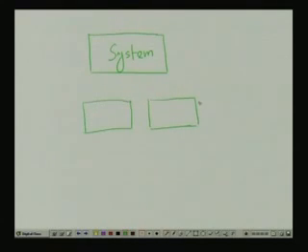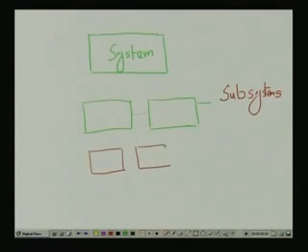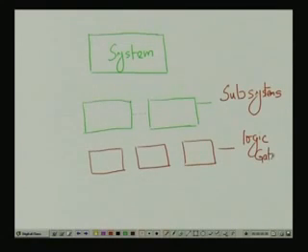Say a number of subsystems are there. Now, these modules are again partitioned into some smaller modules which are actually realized by logic gates.